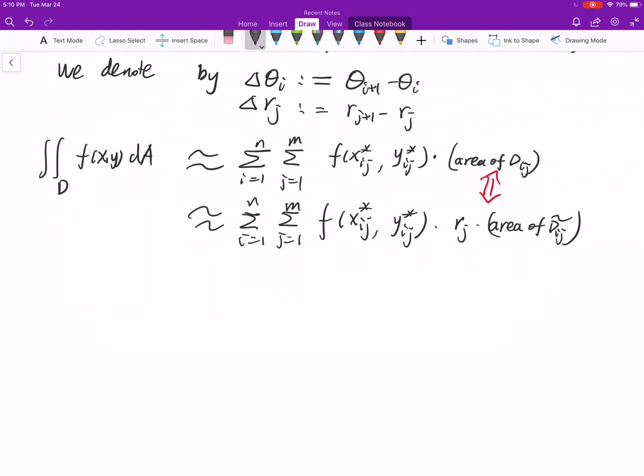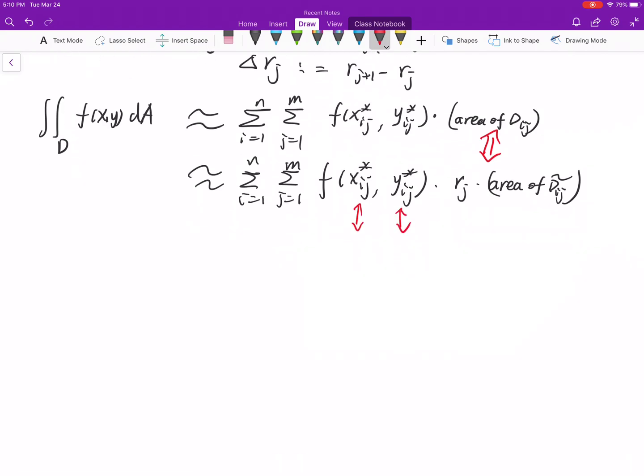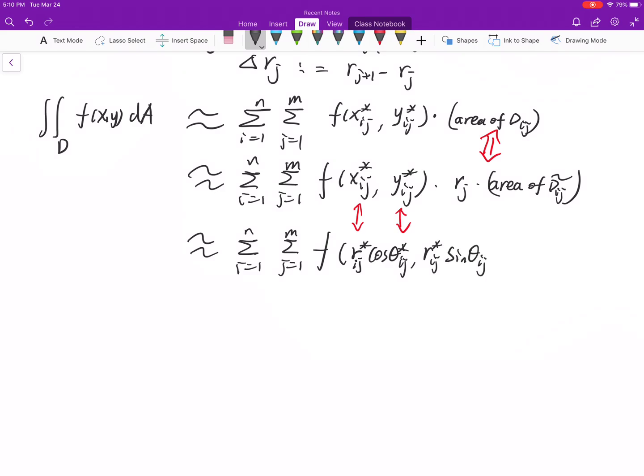Since we want everything in polar coordinates, next we transform the corresponding points into polar coordinates. So f of x equals r ij star cosine theta ij star, and y equals r ij star sine theta ij star.